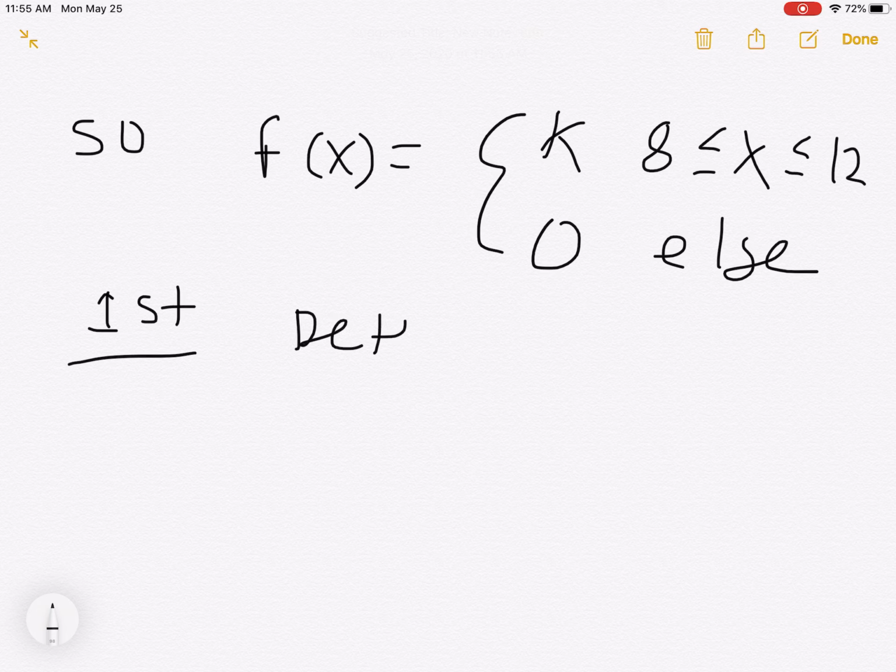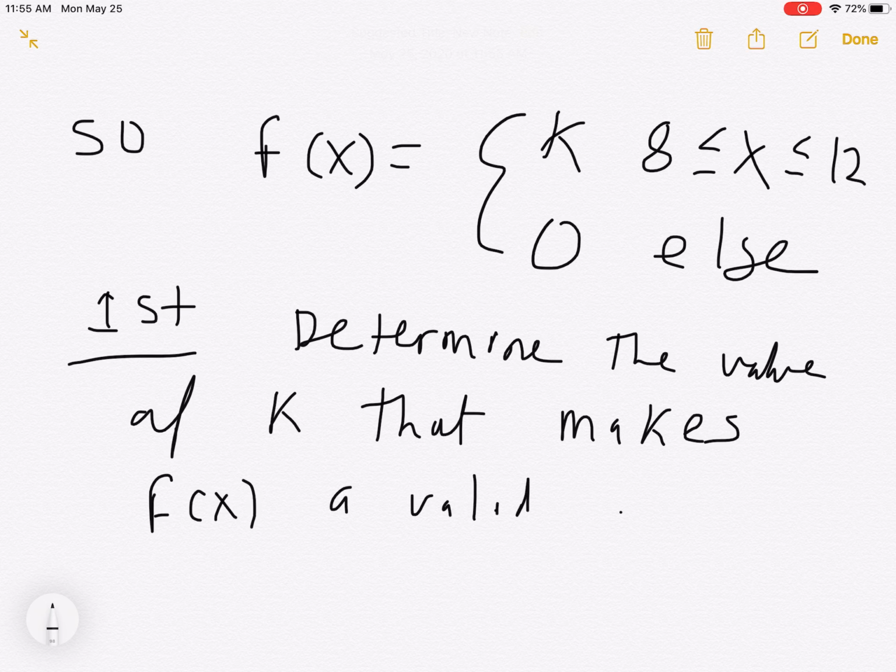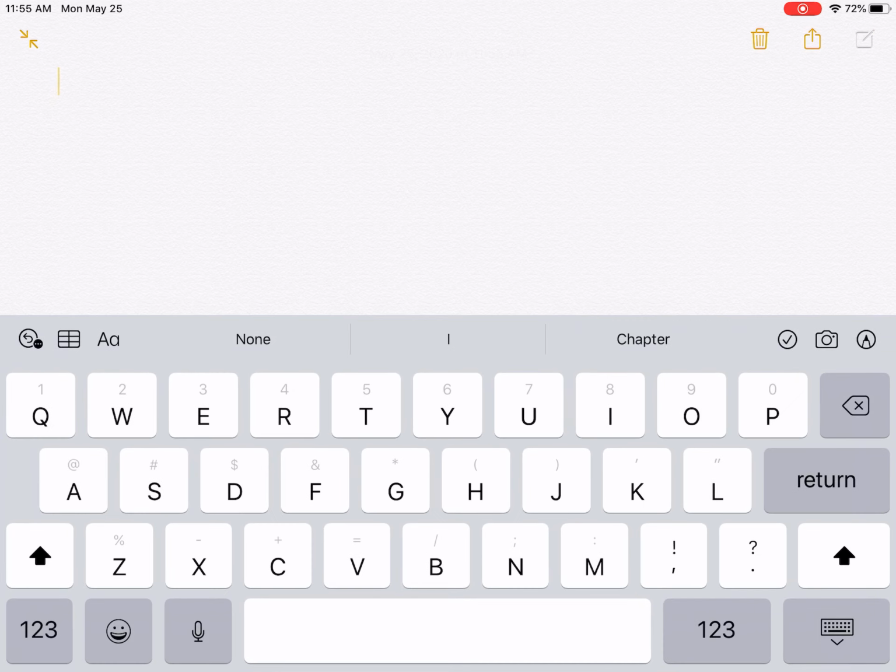We need to determine the value of k that makes f of x a valid density.